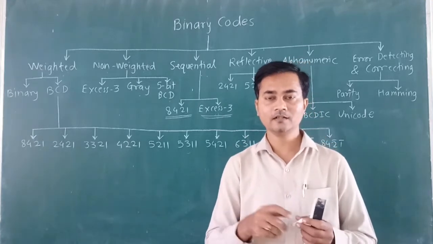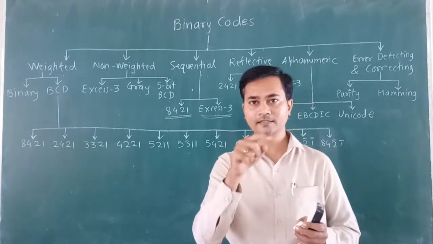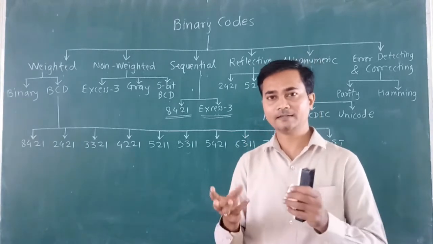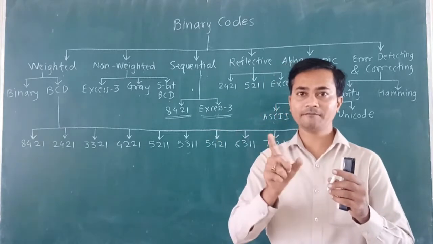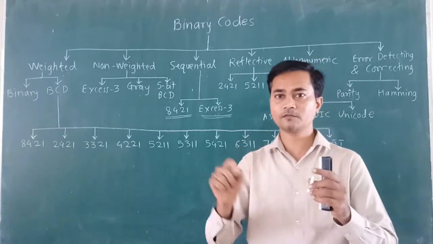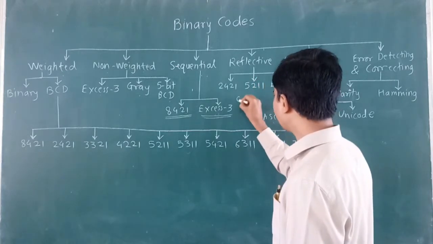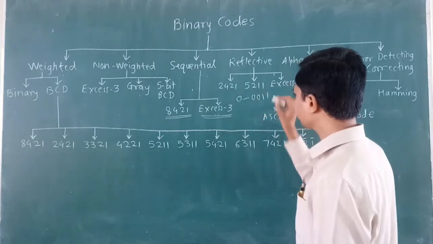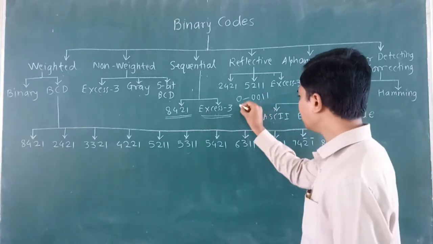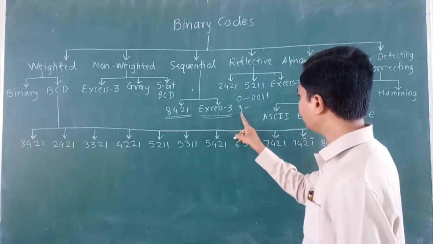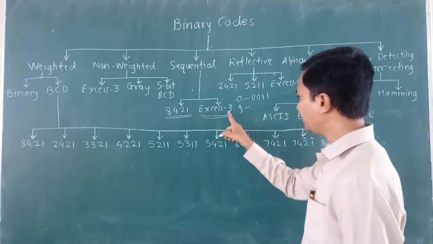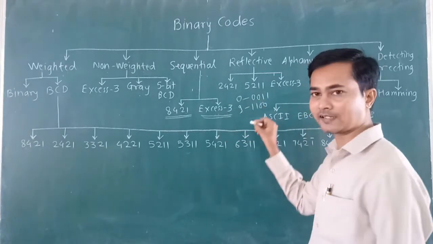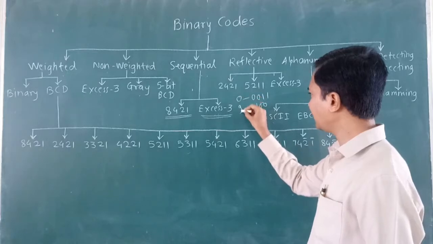If you want to obtain the XS3 value of 0 in binary format, we add 3 to the binary value of 0, that is 0000 plus 3. So the XS3 code of 0 is 0011. For 9, the XS3 value is 9 plus 3, that is 12, and 12 means 1100. This is the XS3 code of the 0 to 9 digits.